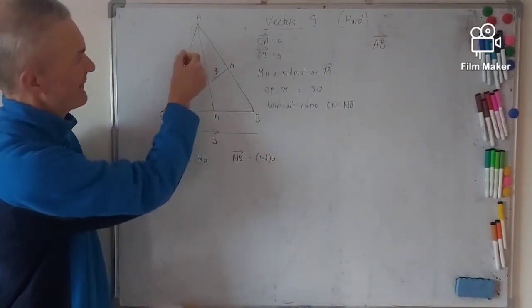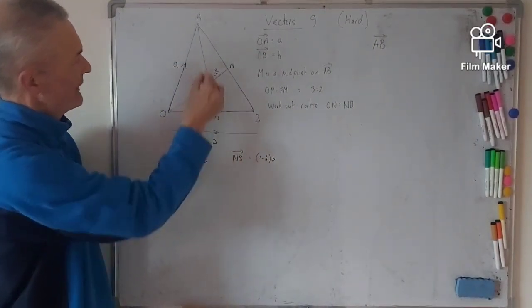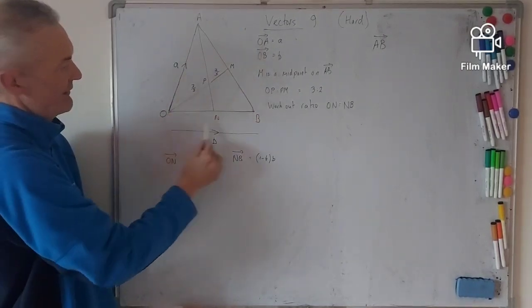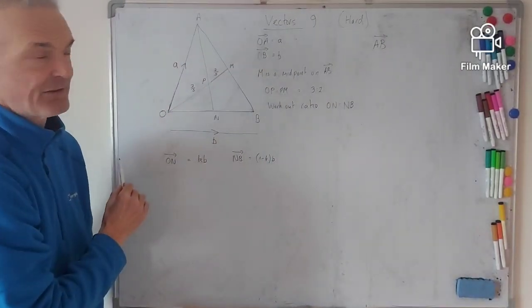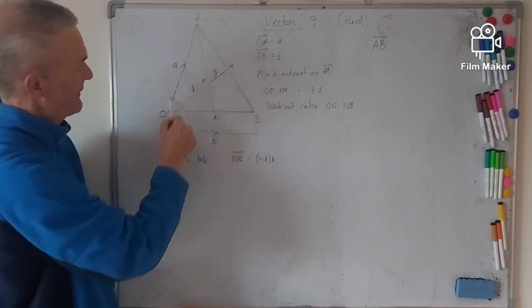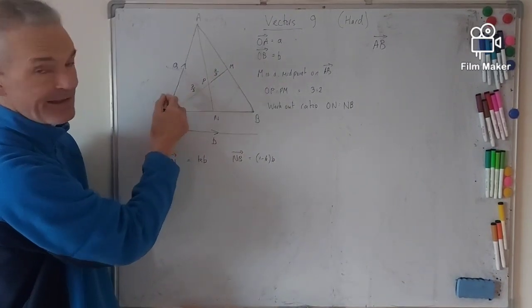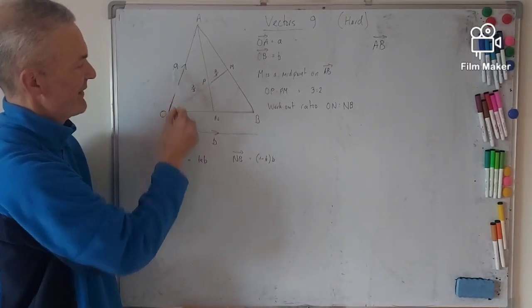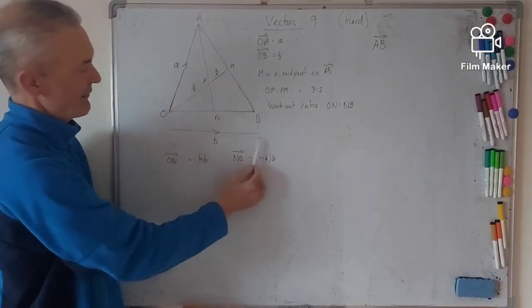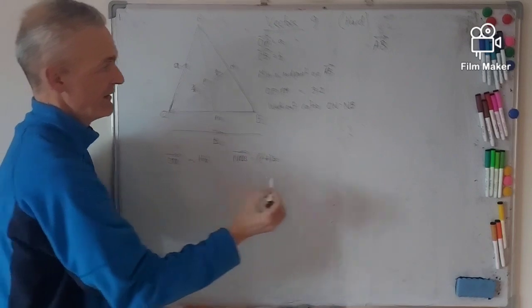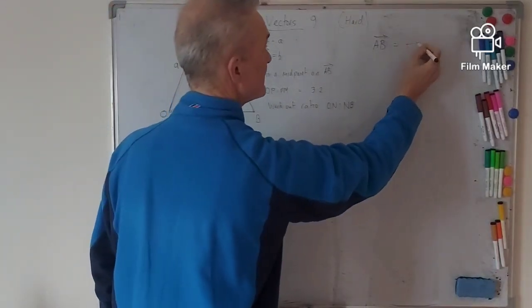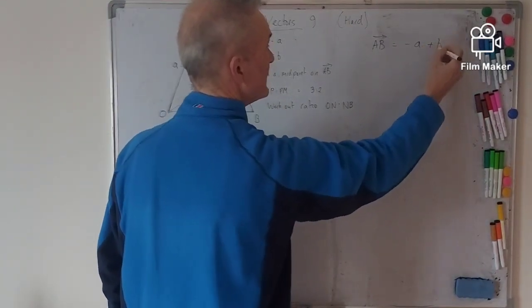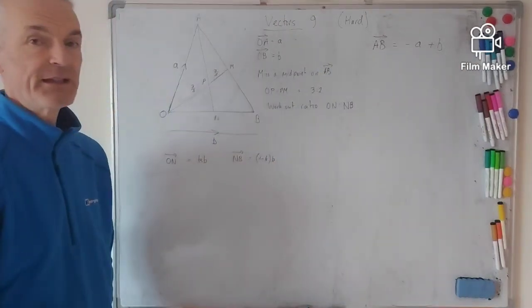Vector AB, so that's this vector here, we can get by going down this way and across that way, because we know those two vectors. So that's that direction. It's going in the opposite direction to the arrow. So it's going to be minus A, and that's in the same direction of the arrow, so it's going to be B. So that's that vector AB.